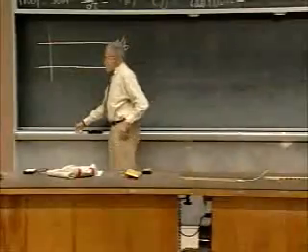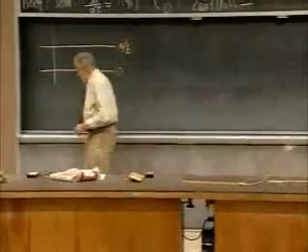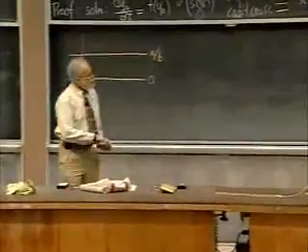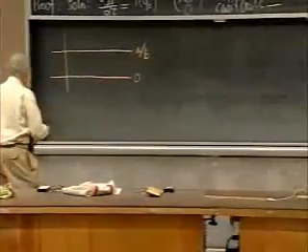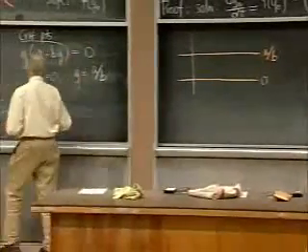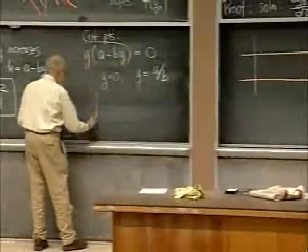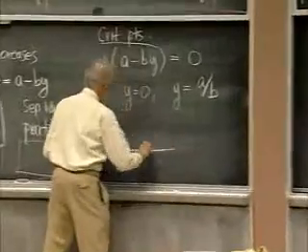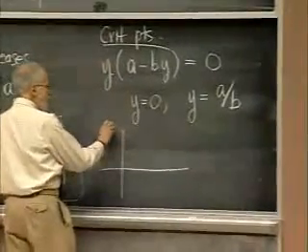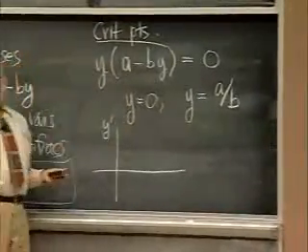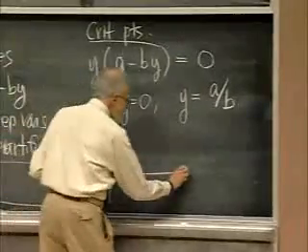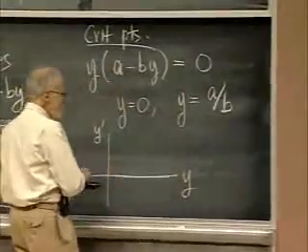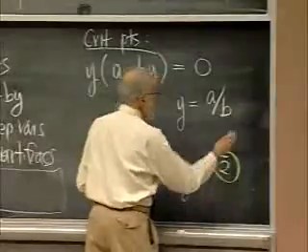Now, the question is, therefore, what happens in between? So for the in-between, I'm going to make that same analysis that I made before, and it's really not very hard. Look, so here is my dy dt axis. I'll call that y prime, okay? And here's the y-axis. So I'm now doing step 2. This was step 1.